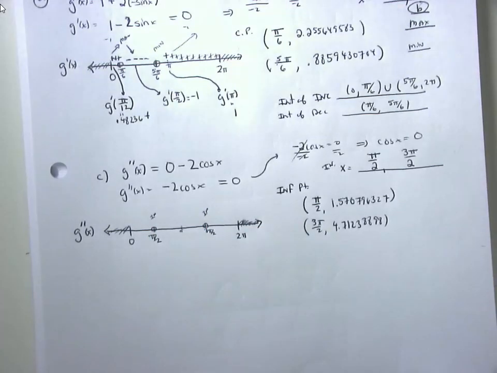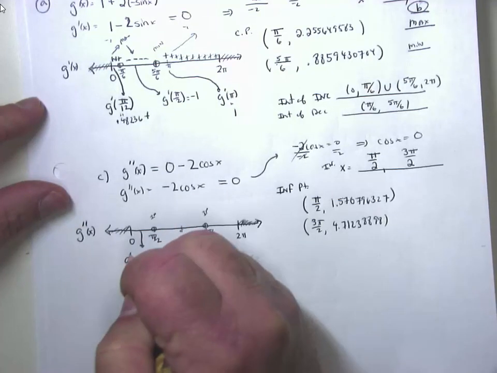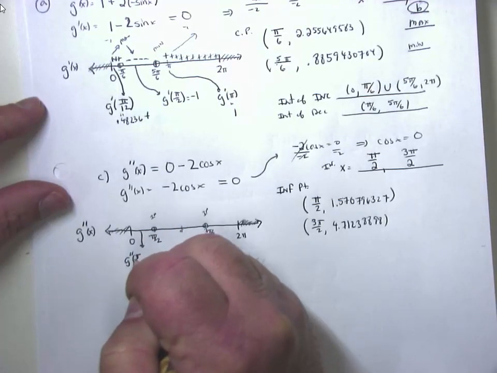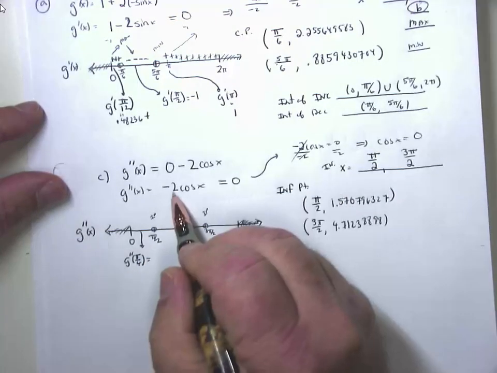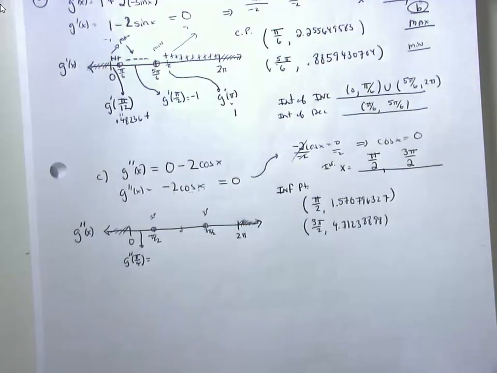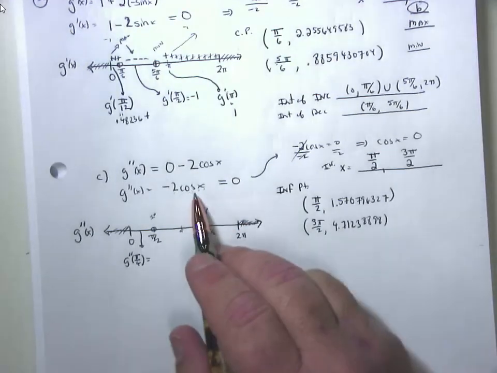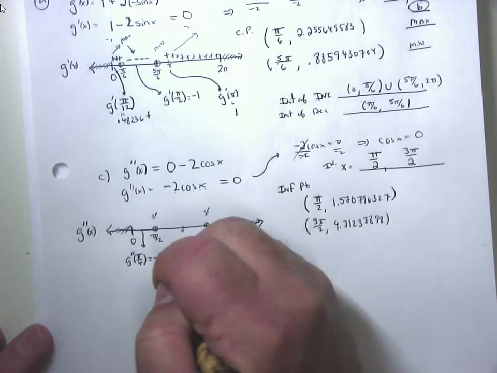So I've got to pick a number on either side of these intervals. Pick a number less than pi/2. I choose pi/4 and plug it into the second derivative, which is -2 cosine of x. The cosine of pi/4 is square root of 2 over 2, times -2 is negative square root of 2.